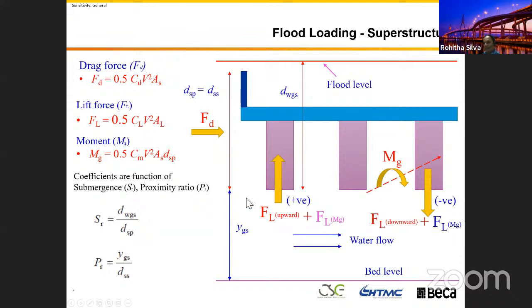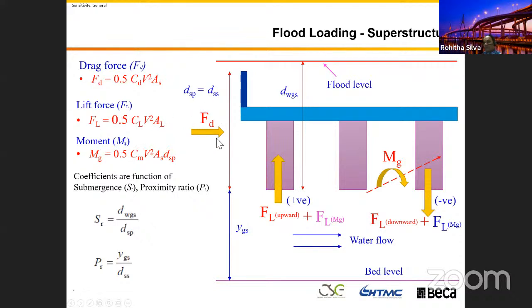It generates a different pressure distribution across the bridge, and that causes the uplift on the bridge. You can calculate that uplift again. The pressure is related to V squared times a modification factor. These factors were derived from a lot of experiment and research, and they are used in design.